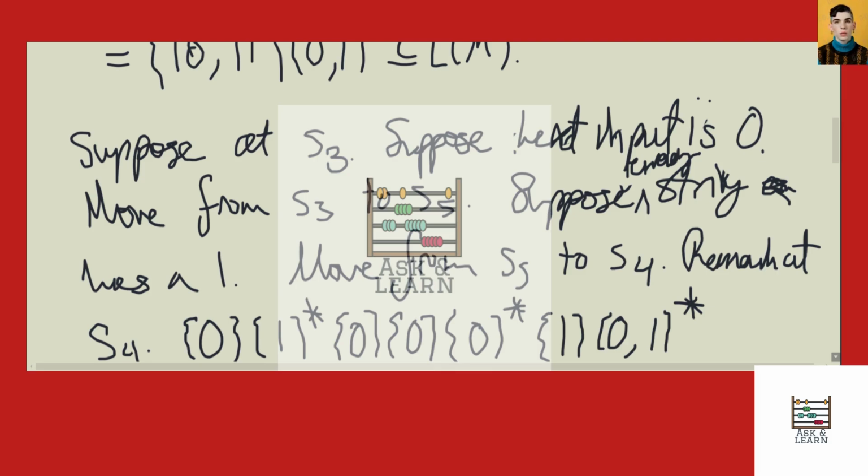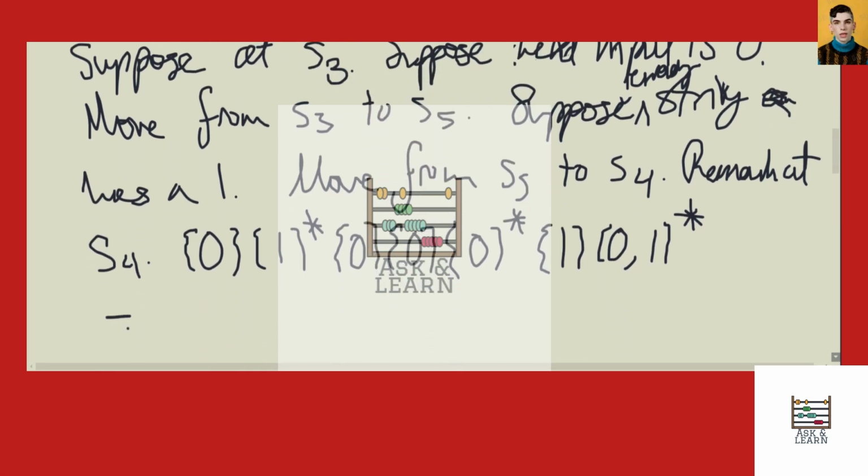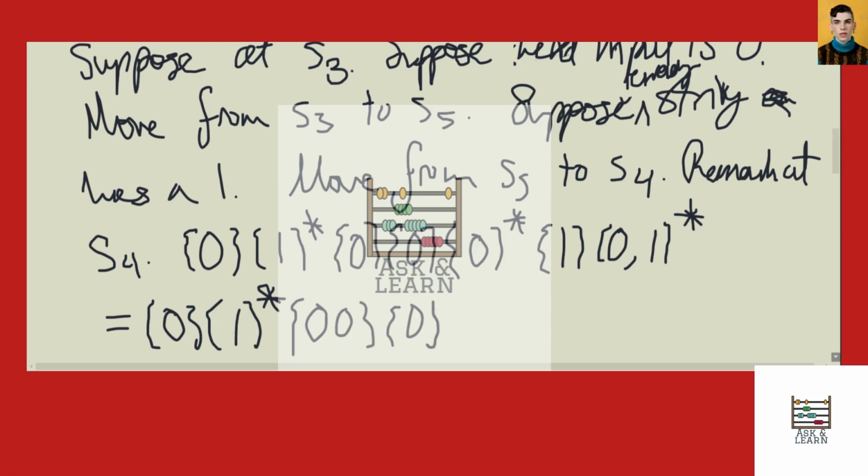All right, and that can actually be abbreviated as 0, 1 star, 0, 0, 0 star, 1, 0, 1 star. This is a subset of the recognized language.